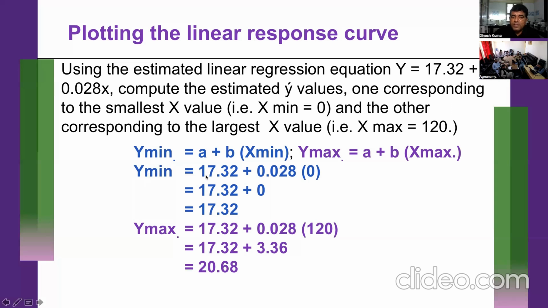So equation is y is equal to 17.32 plus 0.028x. In place of x, if I put minimum value of x, which is 0, you get 17.32. The y minimum is 17.32. Similarly, x max is 120. If I put 120 here, I will get 20.68. This will be y max at x max. X min will give us y min.